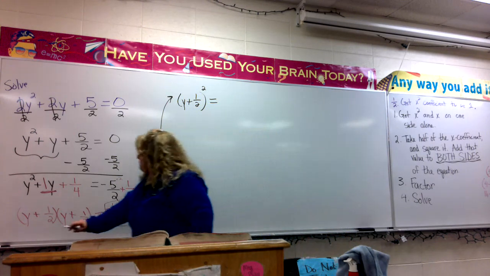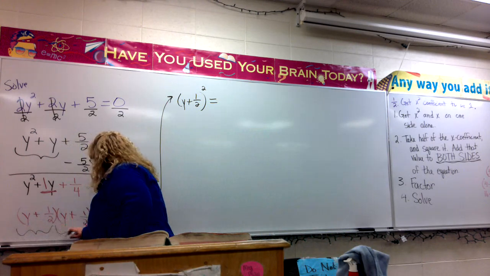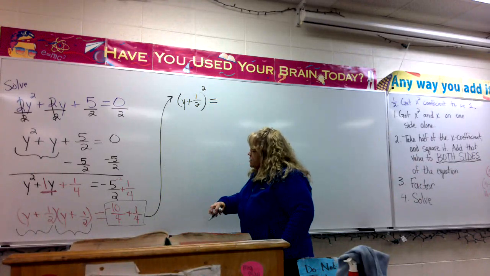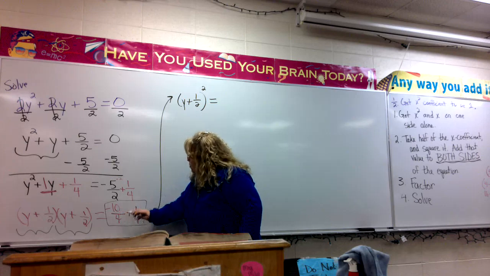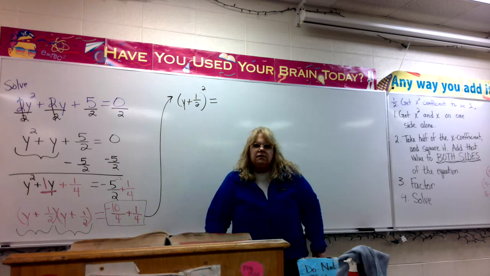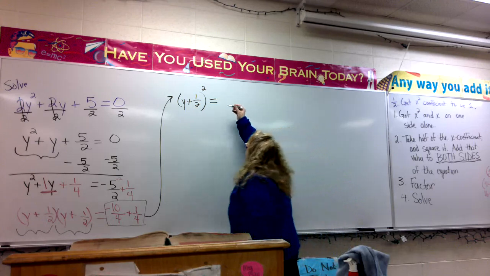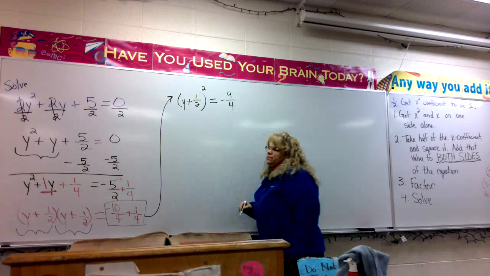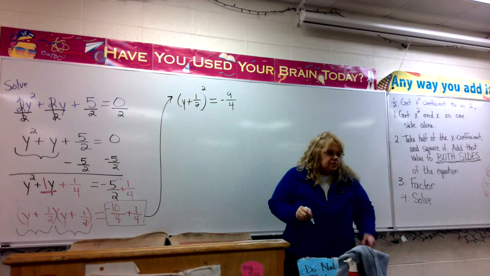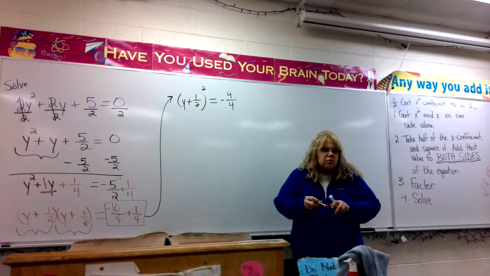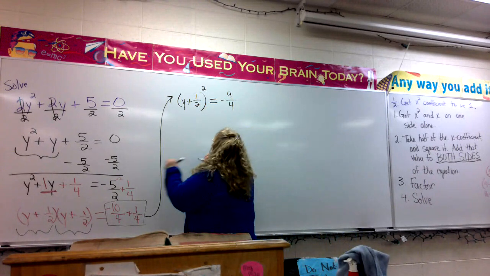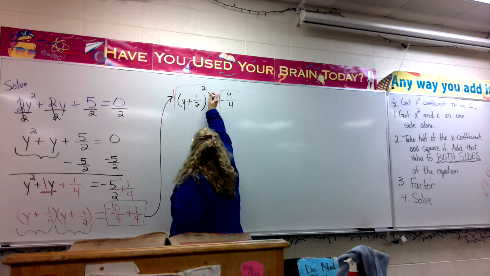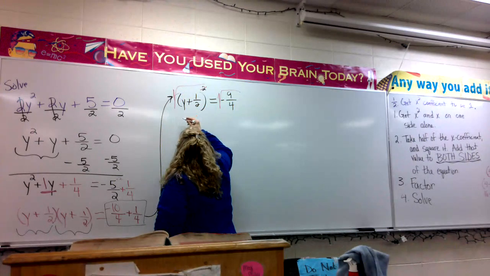So I've got a y plus 1/2, and I've got another y plus 1/2. That's y plus 1/2 squared. And then -10/4 plus 1/4, what was that? Right, good, yes, -9/4. Now what? Square root. Next is square root, square root. And on the left side, square and square root cancel.